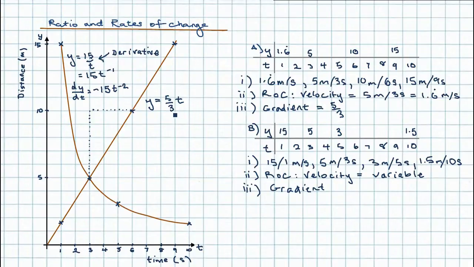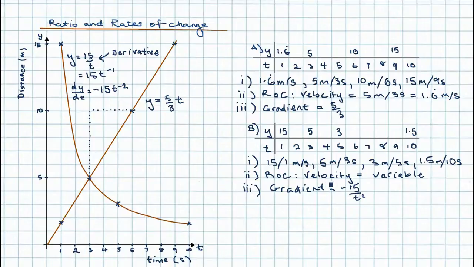Now, one final thing is I don't like that minus 2 on my index, so I'm simply going to convert that back to 1 over t squared. So I end up with my gradient as minus 15 over t squared. So there we are. Not only is that the gradient, it's also the velocity.